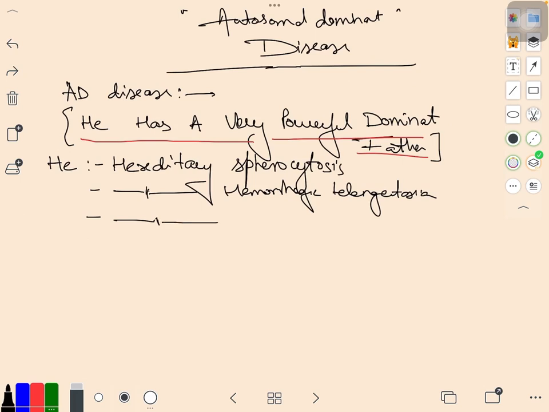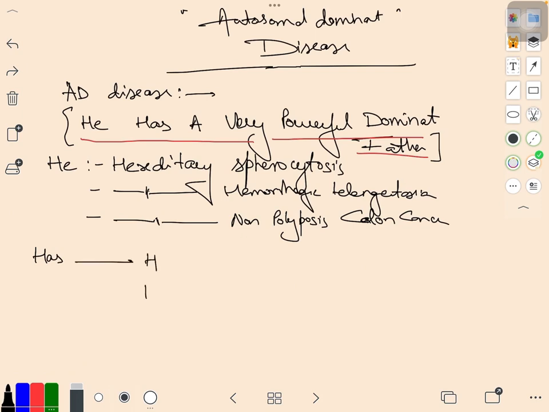And third is hereditary non-polyposis colon cancer. We are done with HE.